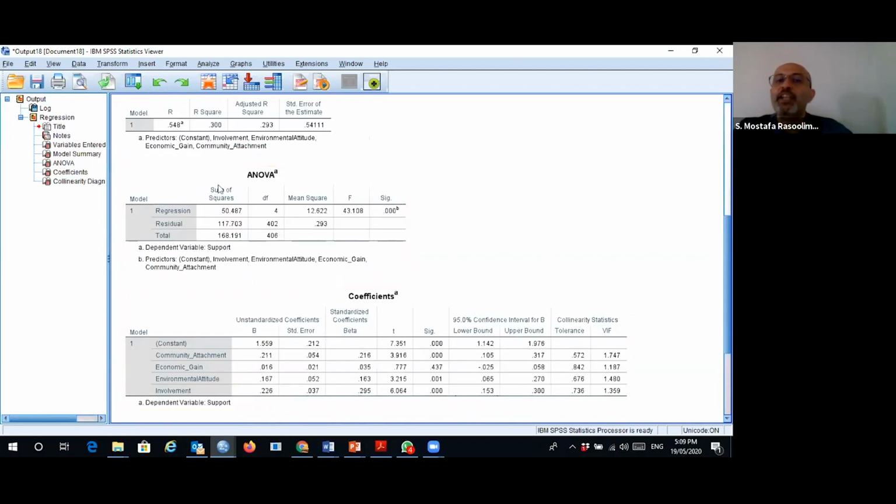Another table is ANOVA. This table is not very important. Okay, you can report it or you can skip.